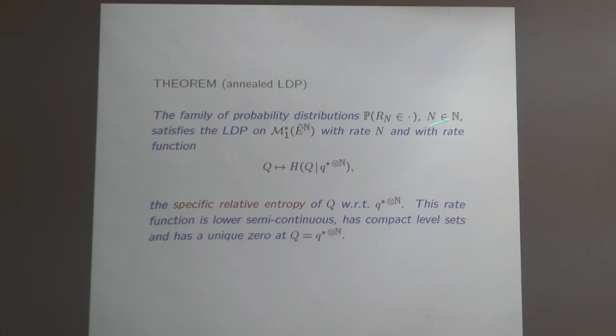Now, this rate function is lower semi-continuous. It has compact level sets. It's actually affine, and it has a unique zero which only appears when you want the Q to be the typical behavior. Okay, so that's easy. As long as we are interested in this thing under the joint law of x and tau, we have very classical stuff. There's nothing new under the sun.